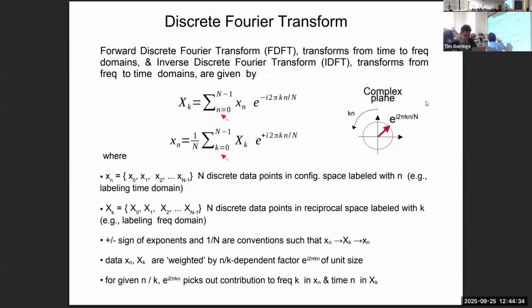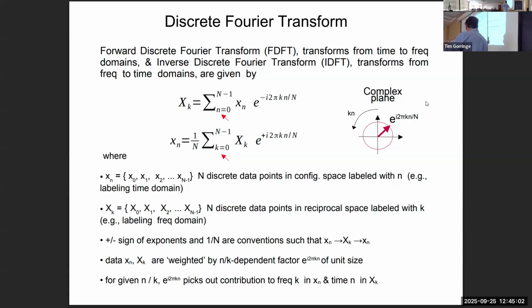The lowercase x and the uppercase X are arrays: lowercase x is the time series data and uppercase X is the frequency series data.